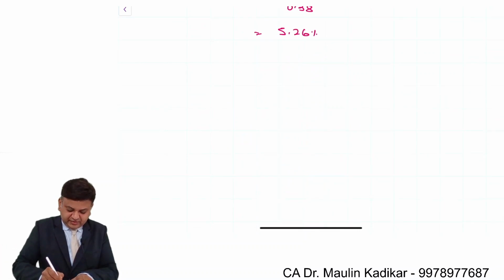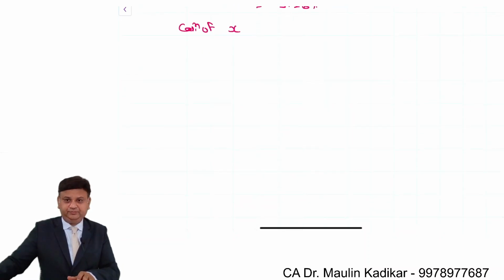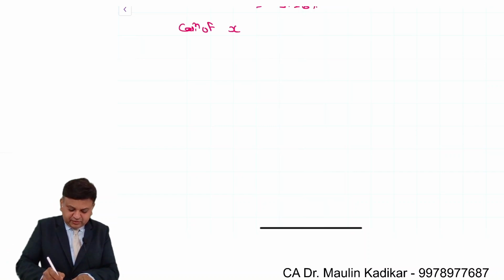So calculation of X. In that, required rate of return is equal to RF plus beta into RM minus RF. For security P, I'm sorry.